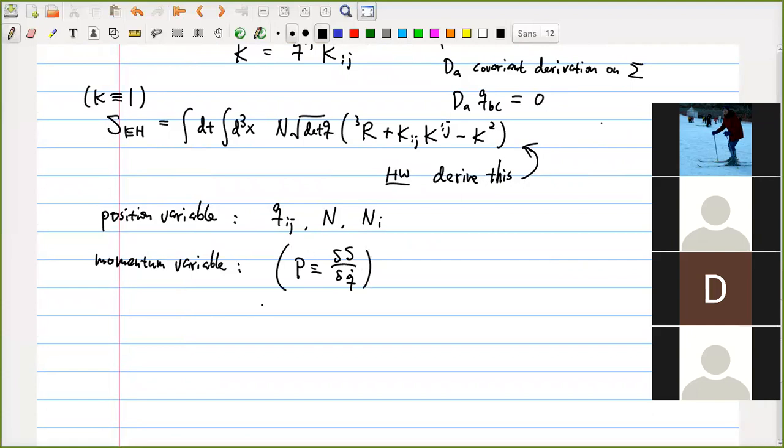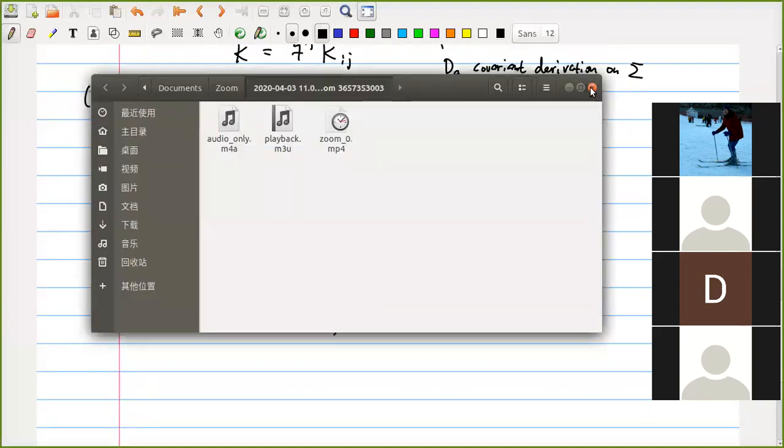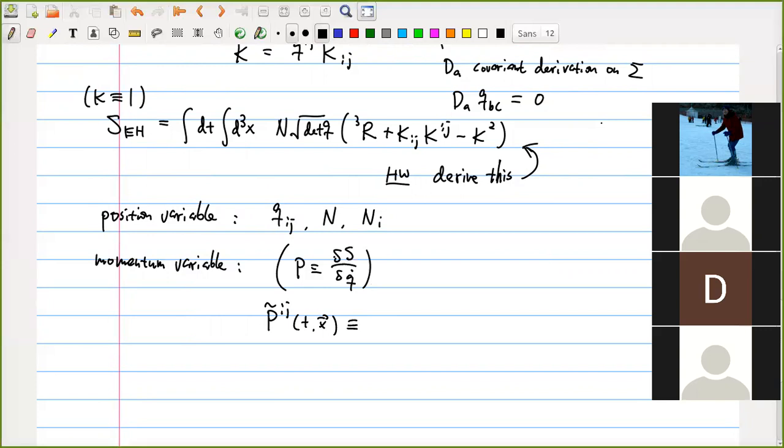All right, and in our case, what we call Pij twiddle. There's a reason that I put a twiddle; I will talk about it. This is the momentum variable conjugate to Qij.